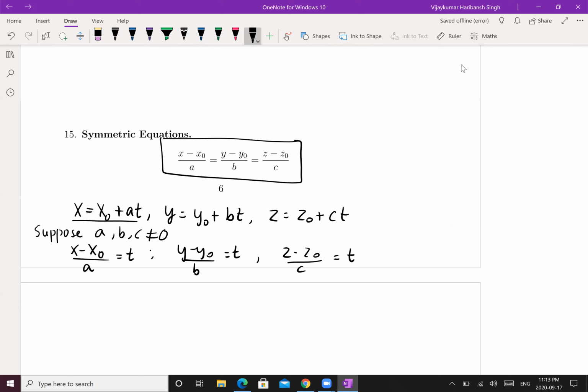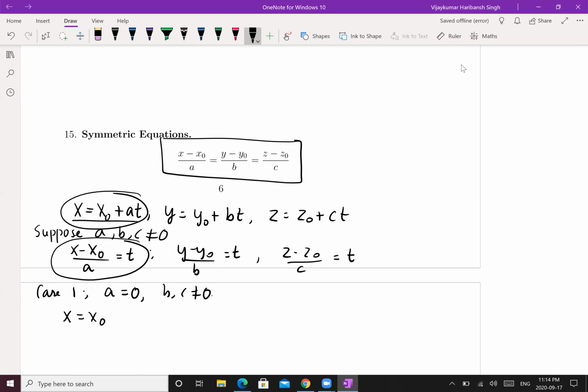Now what happens if one or more of them are zero? If one or more of a, b, or c is zero. So let's consider case one: a is zero, b and c are not zero. In that case, we will get x equals x0, right?